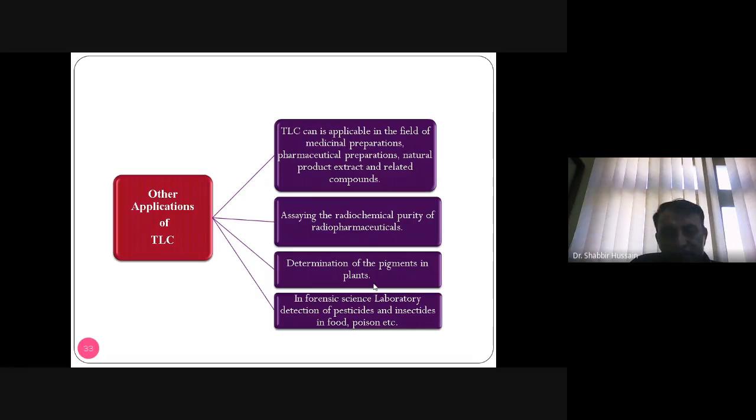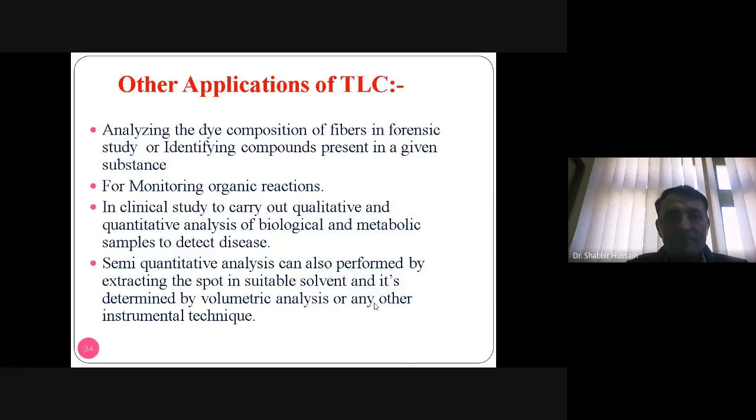In forensic sciences, laboratory detection of pesticides and insecticides in food or poison, we can easily detect by thin layer chromatography by using a standard. एक स्टैंडर्ड लेके इसके जरिए हम चेक करते हैं कि कौन सा पॉइजन या पेस्टिसाइड या इंसेक्टिसाइड इसके अंदर मौजूद है. So we can use thin layer chromatography in forensic science laboratory, as well as in plant sciences, as well as in animal sciences.